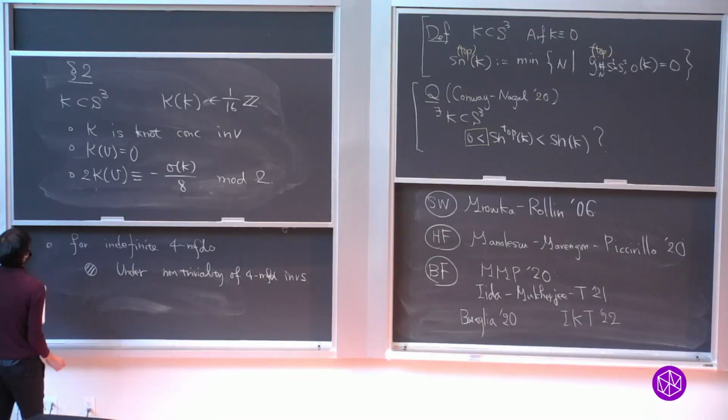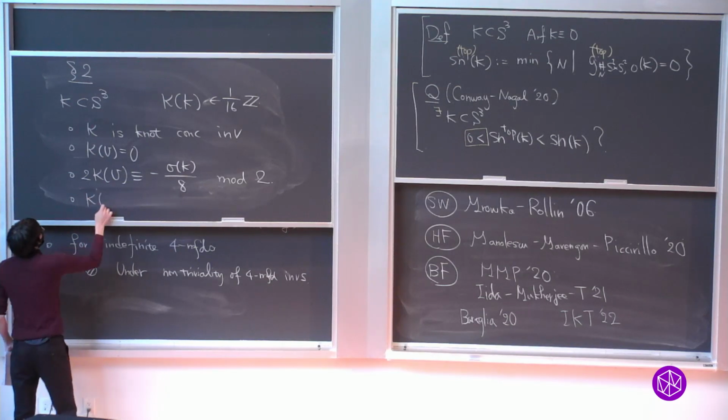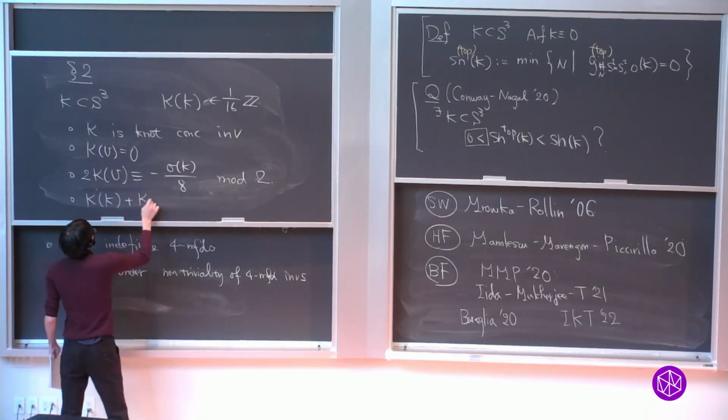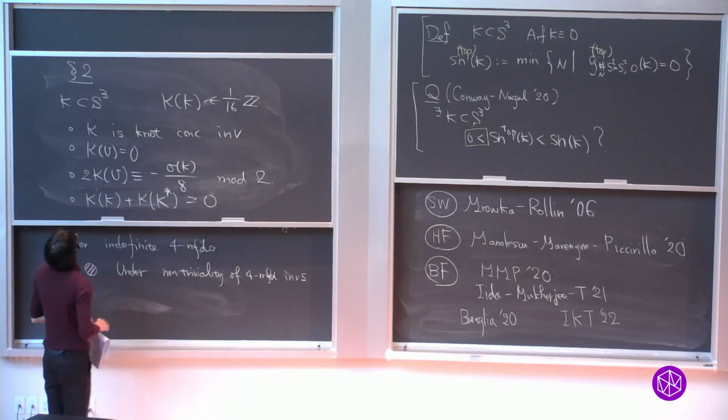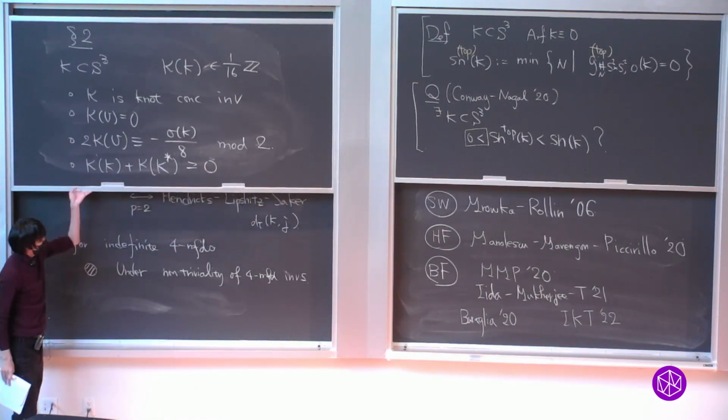Okay. And also we have kappa of K plus kappa of the mirror of K is greater than or equal to 0. So these are the fundamental properties of this invariant.